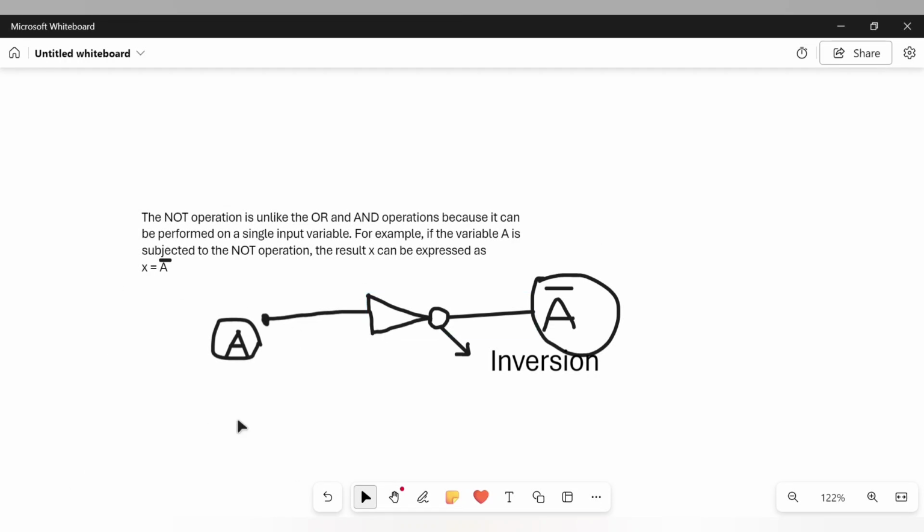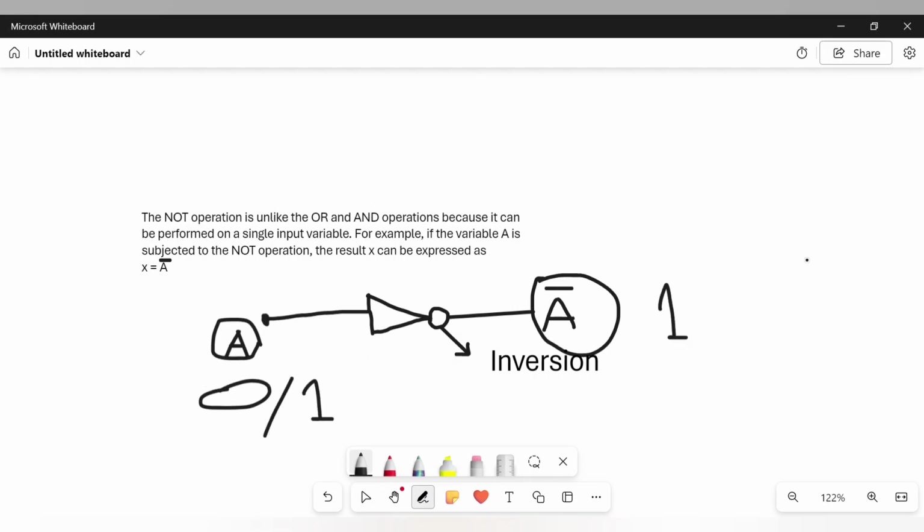If the input is 0, the output will be 1, and if the input is 1, the output will be 0. Always it is opposite to each other.